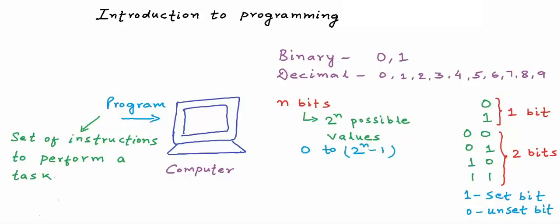For n equal 4, we can have values from 0 till 15, and we can go on. For more on the binary number system and things like how to convert a number from binary to decimal and vice versa, you can check the description of this video for some lessons. Now coming back to how a computer would understand and execute instructions.